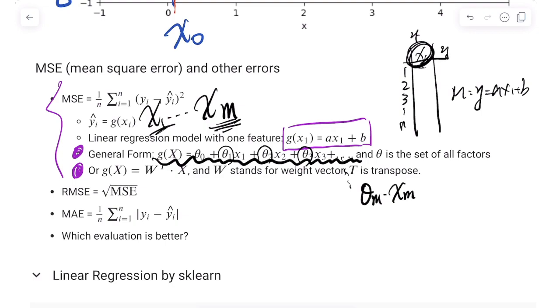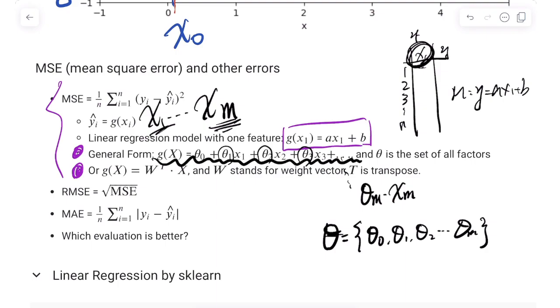If you have m features, your linear model should look like this. Theta here is a collection of all the parameters we use in the linear model, the big theta. So that is a general form.